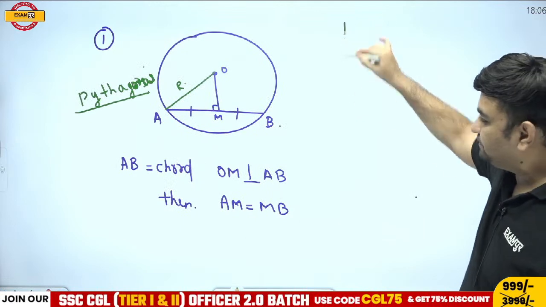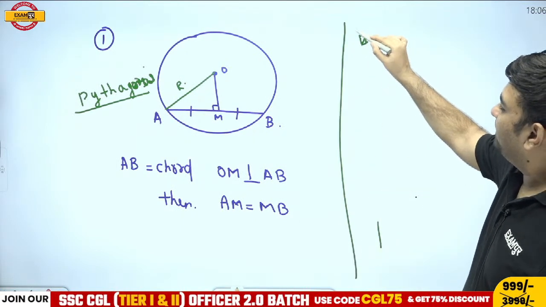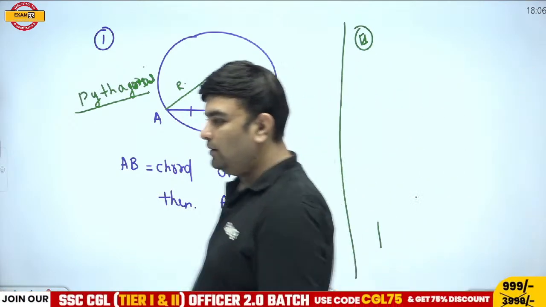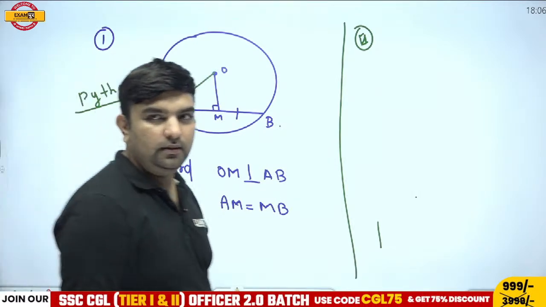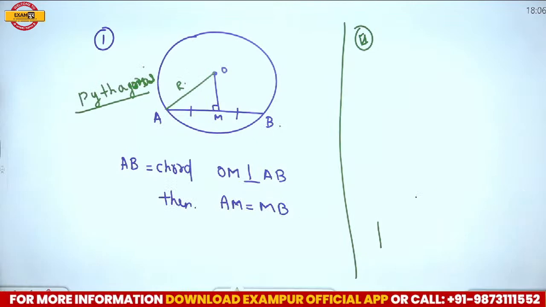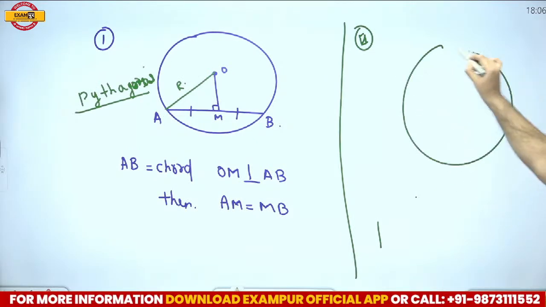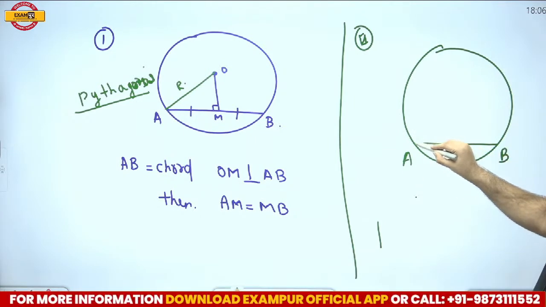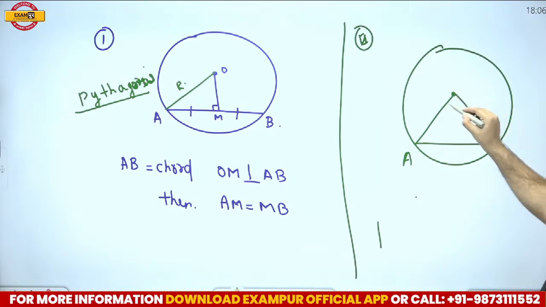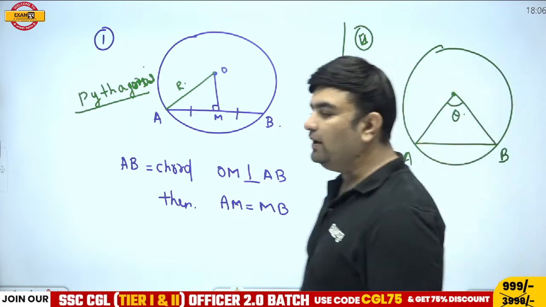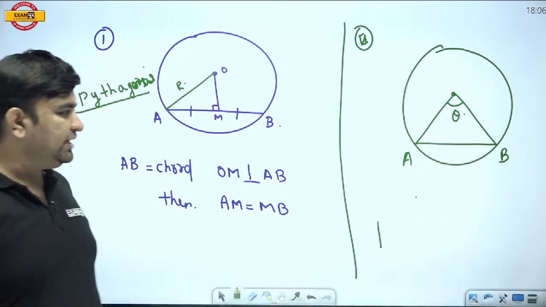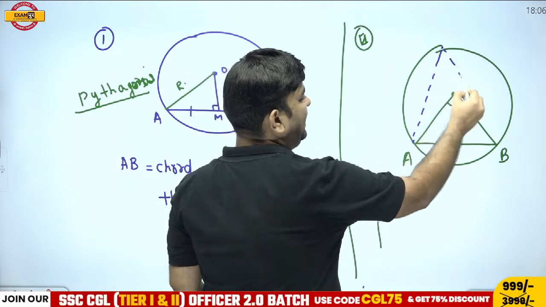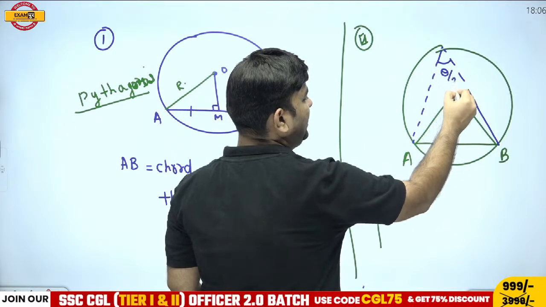Second property is, if AB is the chord and the angle subtended by the chord AB is theta at the center, it will subtend its half angle at any other point on the circumference in the major arc.